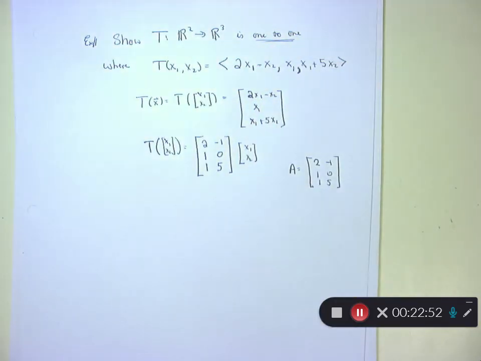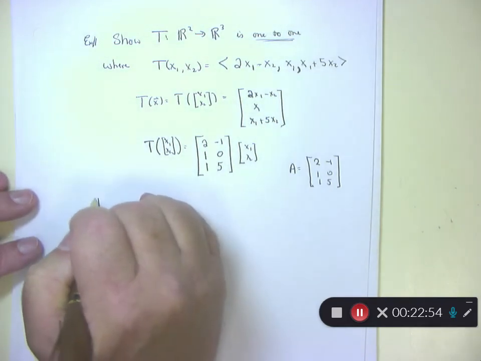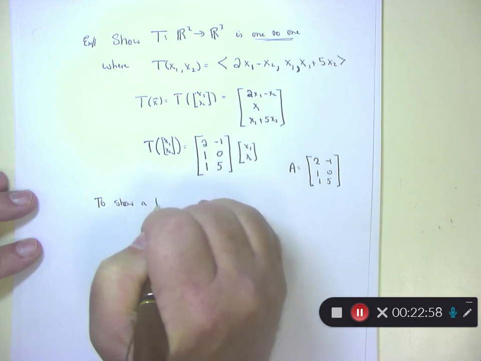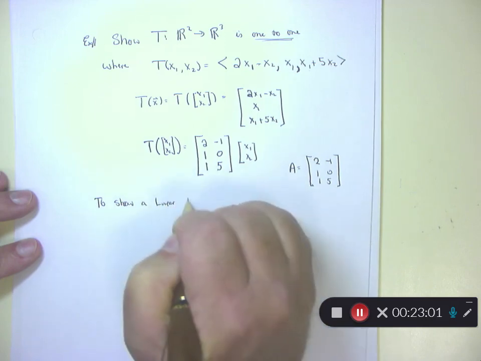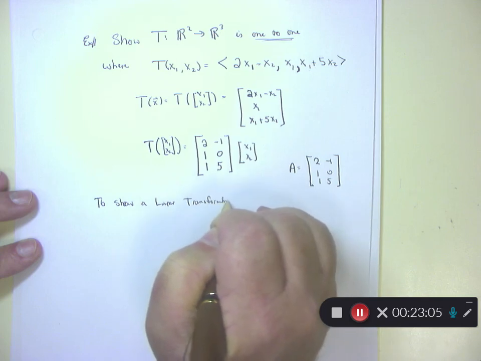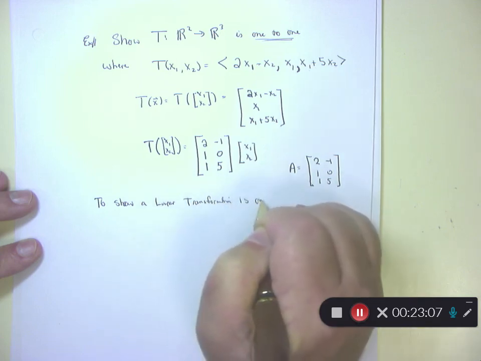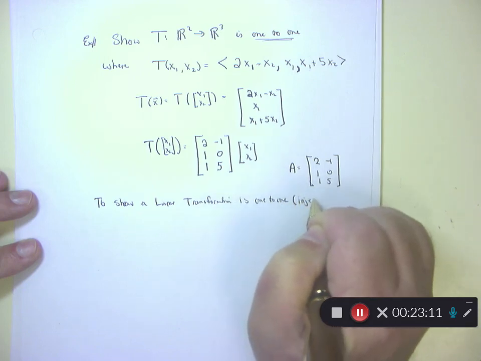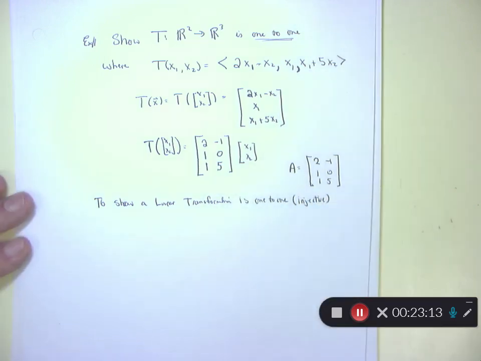How do you show 1-to-1? I'll write it down here for you. To show a linear transformation is 1-to-1, and what's the fancy word for 1-to-1? Injective. I'm trying to convert you guys over to big words in terms of major math here, okay?